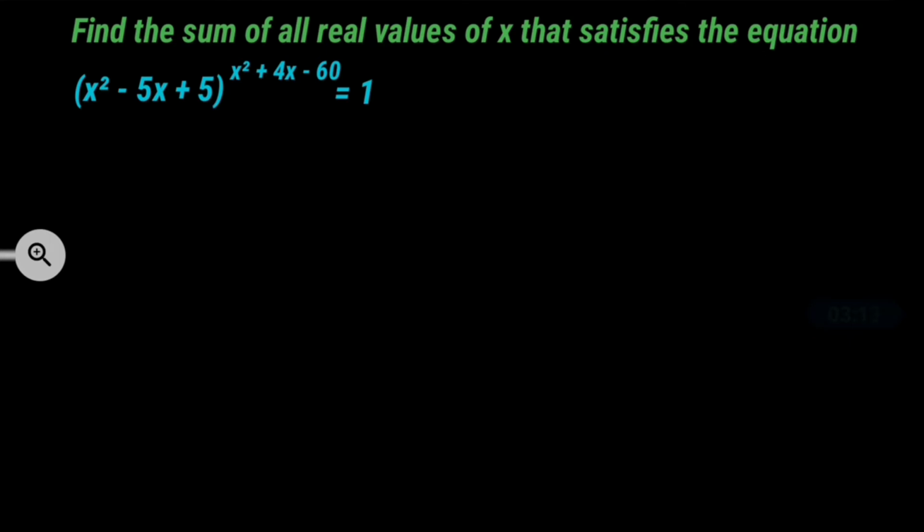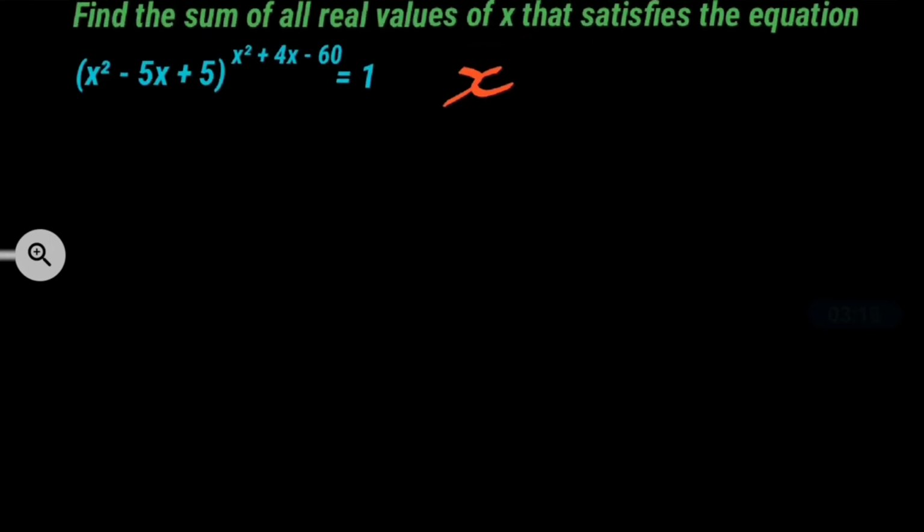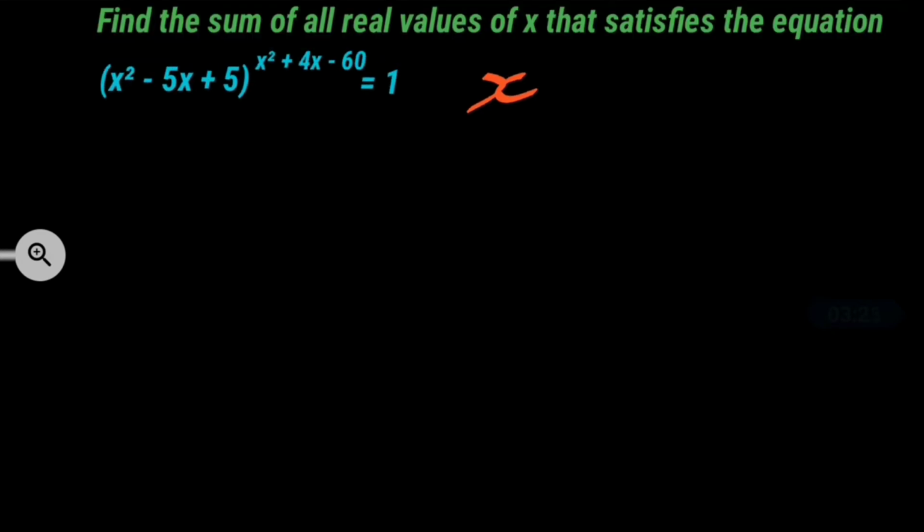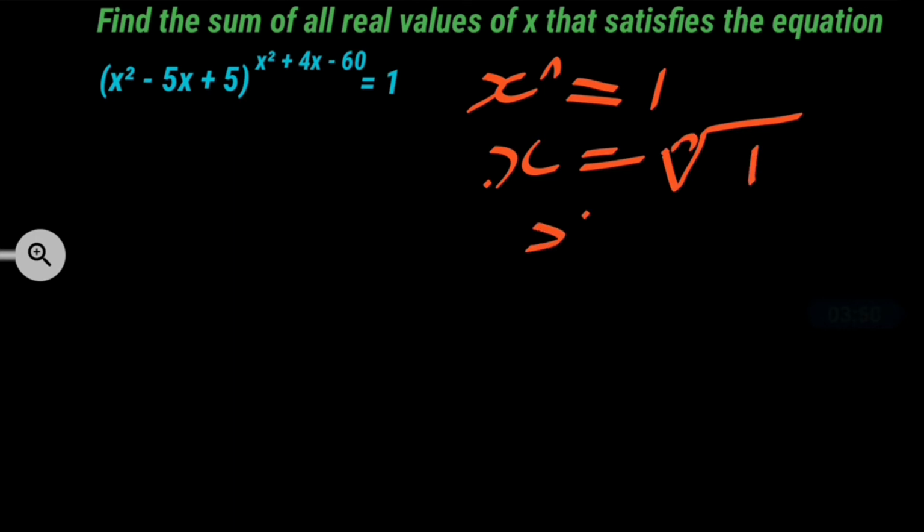Okay, let's just break this equation down as x raised to power n, which is equal to 1. Now, I know that if you have an equation of this form, the first thing you want to do is to take the root of both sides, the nth root of both sides here, and find the value of x to be 1.